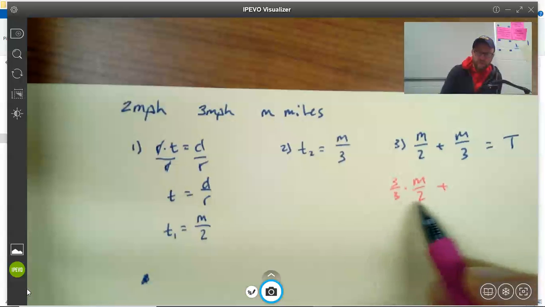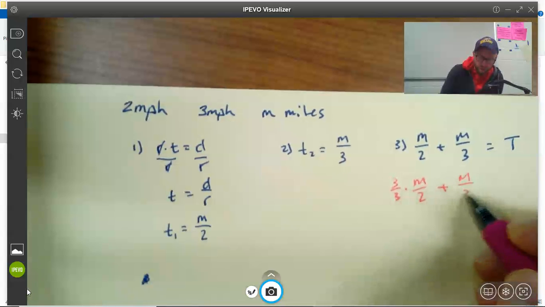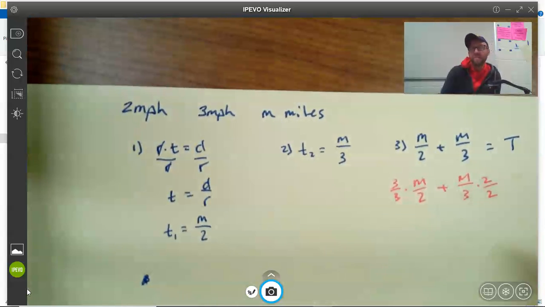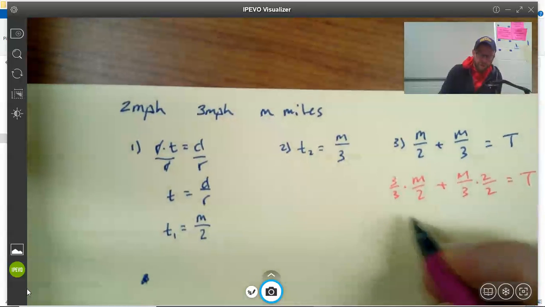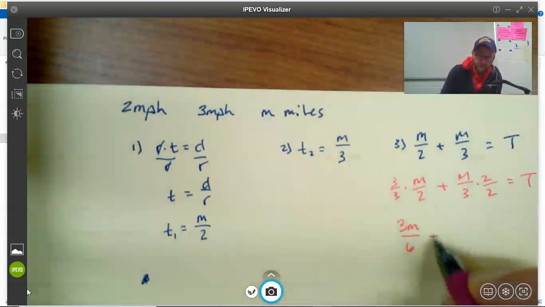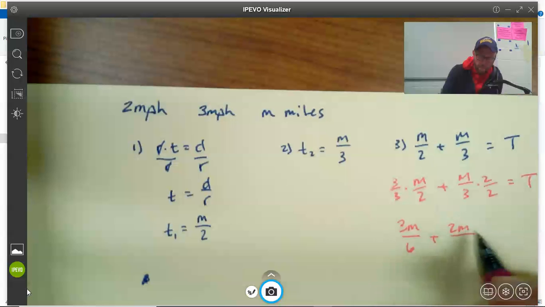That's going to give us a denominator of 6, 3 times 2. And over here, we take this one and multiply it by 2 over 2 so that we get 6 as well. And that's going to give us 3m over 6 plus 2m over 6 equals T.